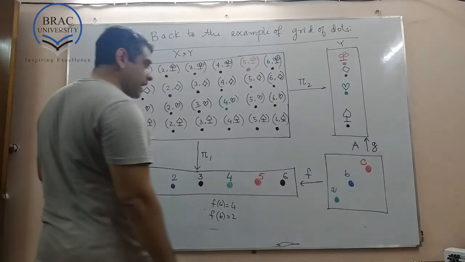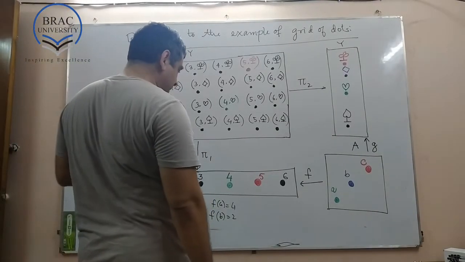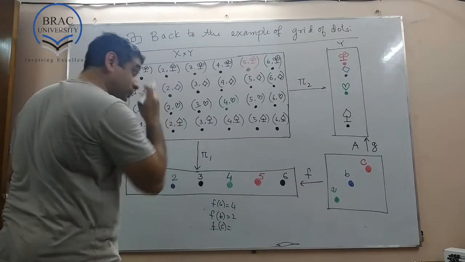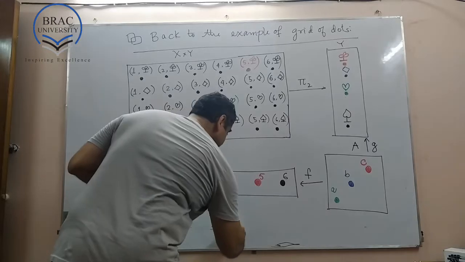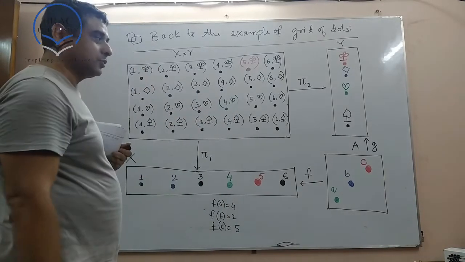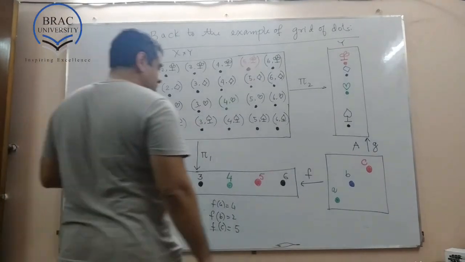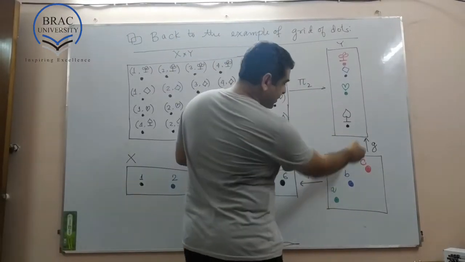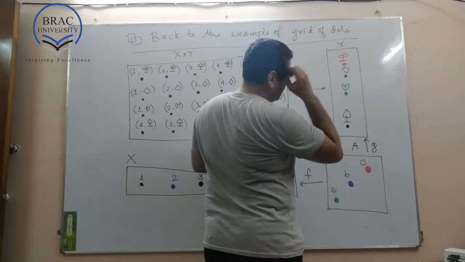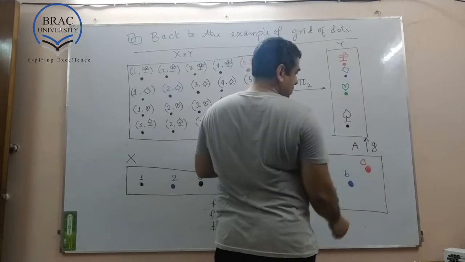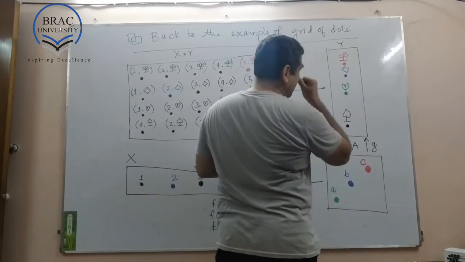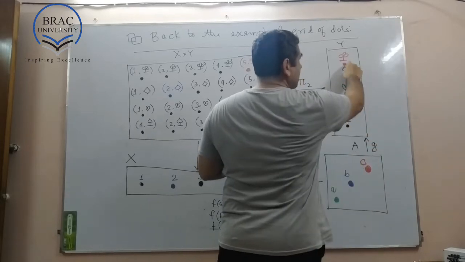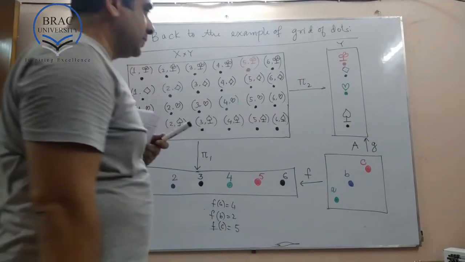And what is f of C? f of C is equal to 5. Similarly, g of A is hearts here, g of B is diamond here, and g of C is club here.